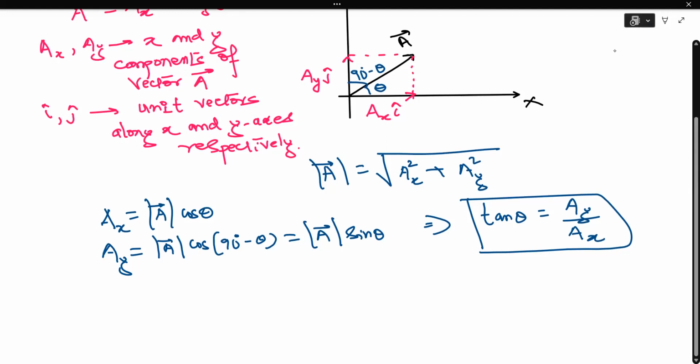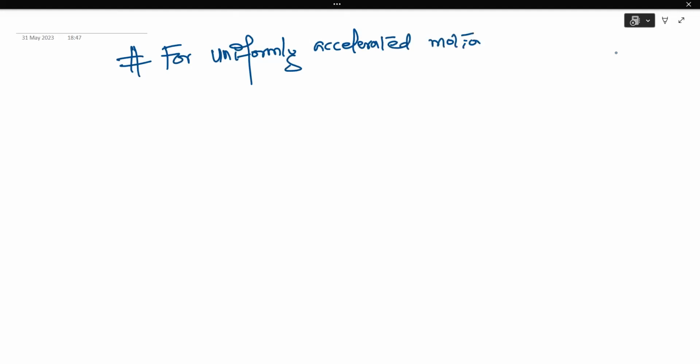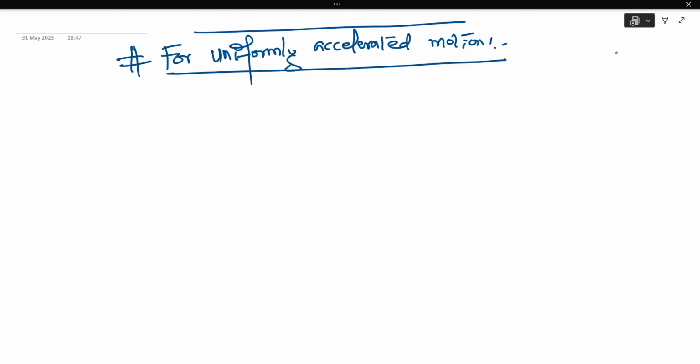So what do we know? We know that for uniformly accelerated motion, we can relate velocity, position, displacement by some equations, and these equations are called equations of motion.